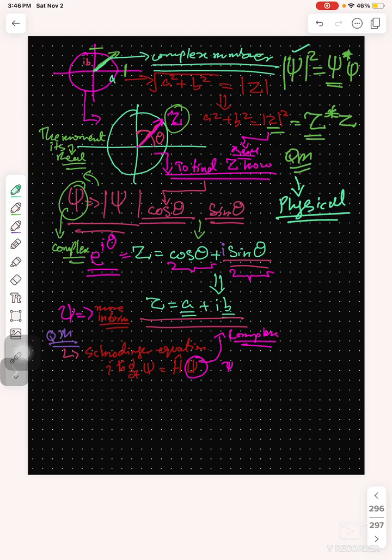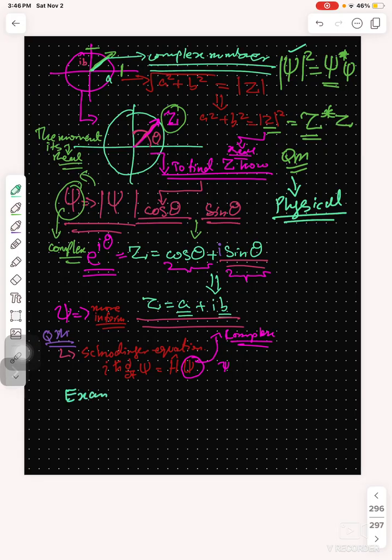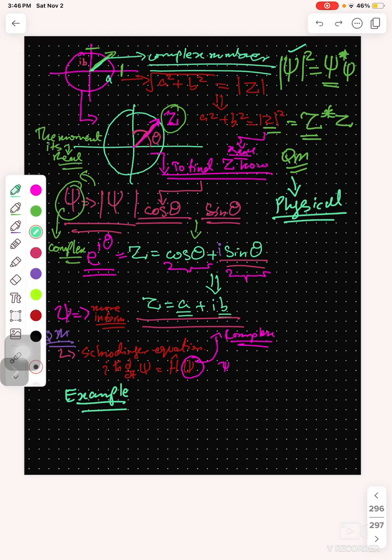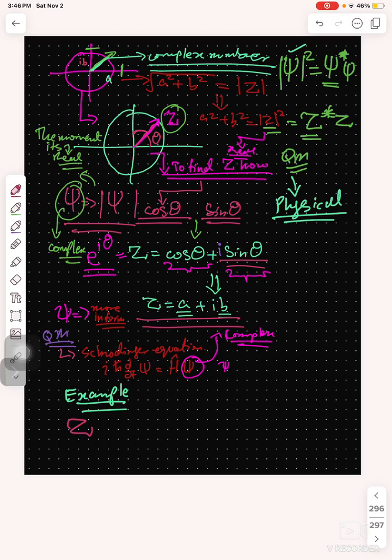So for an example of a complex number, let's suppose z equals 3 plus 4i. Here 3 takes the place of a and 4 takes the place of b.